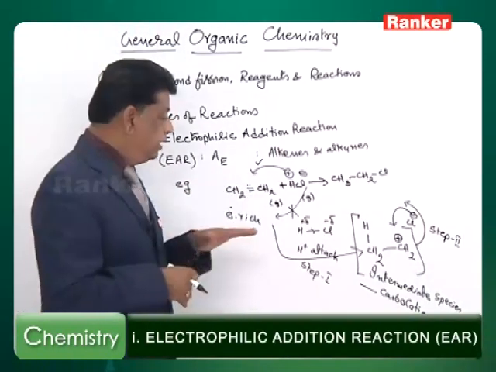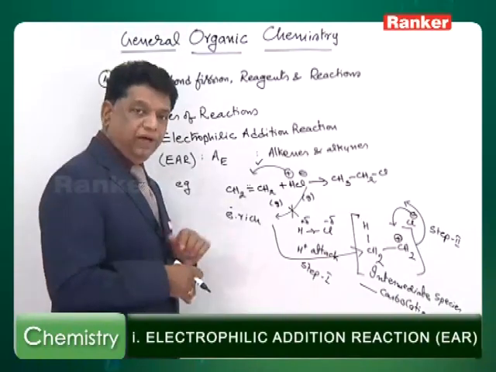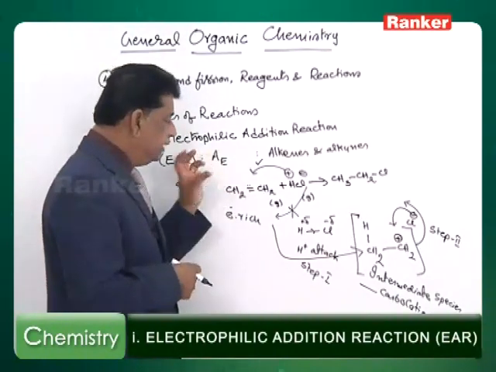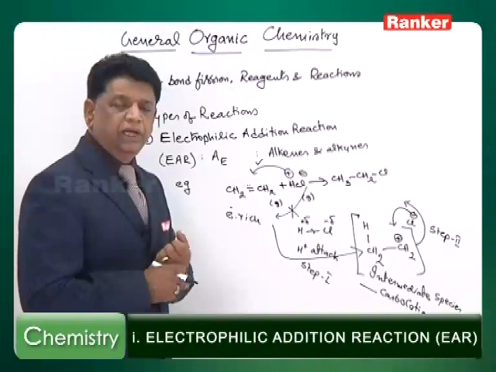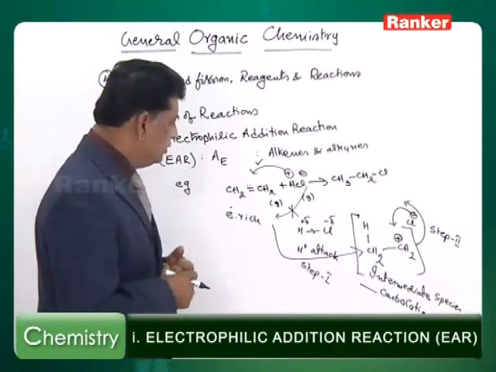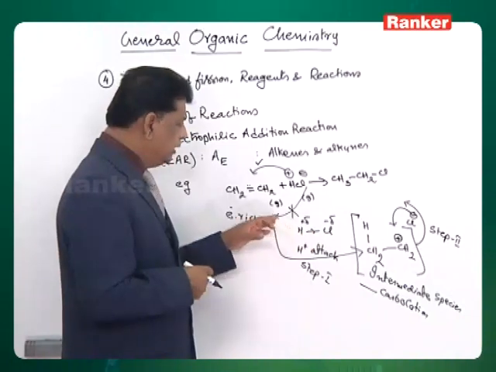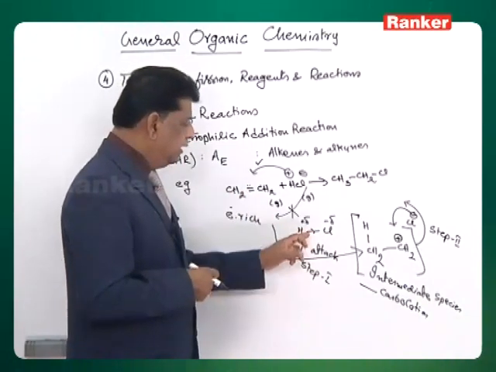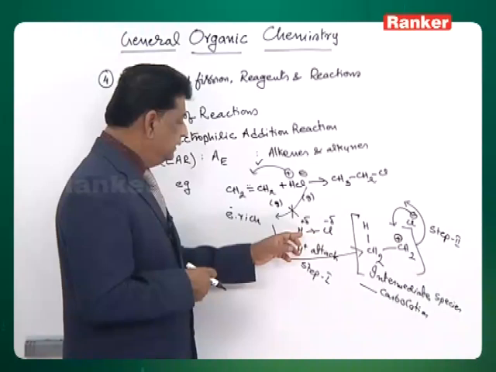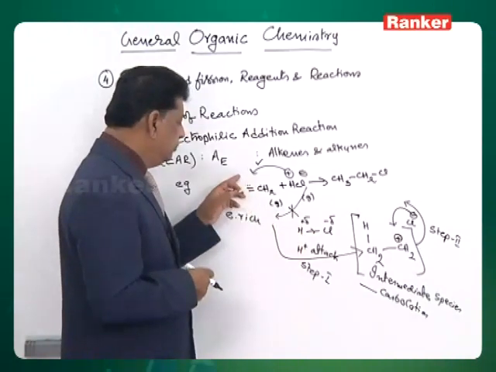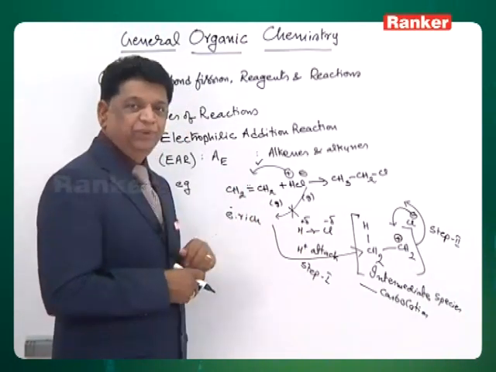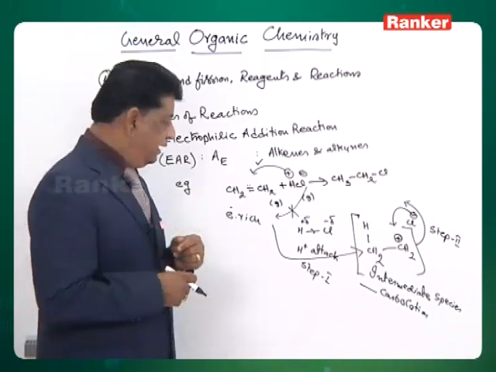At that stage we call it pi complex formation. This is seen in the case of benzene with a strong electrophile like nitro. But here, as the H plus comes closer and closer, the bond will be breaking, and the pi bond is also opening. So these two take place mutually.